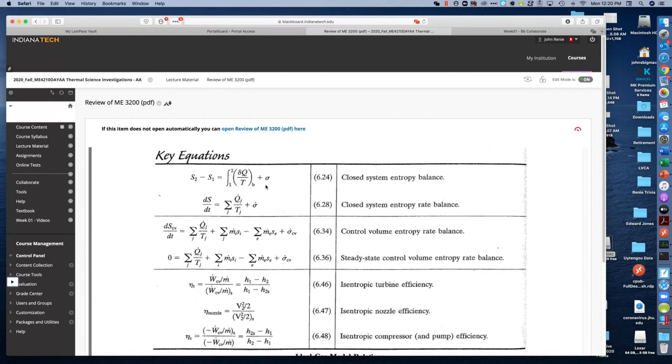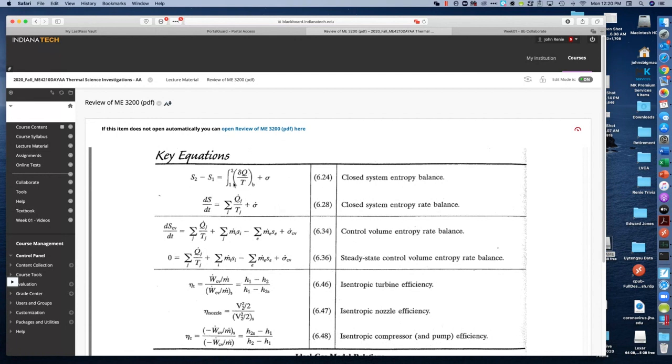So the change of entropy is given by this integral plus some additional amount. If there was no entropy production, this term would go to 0.